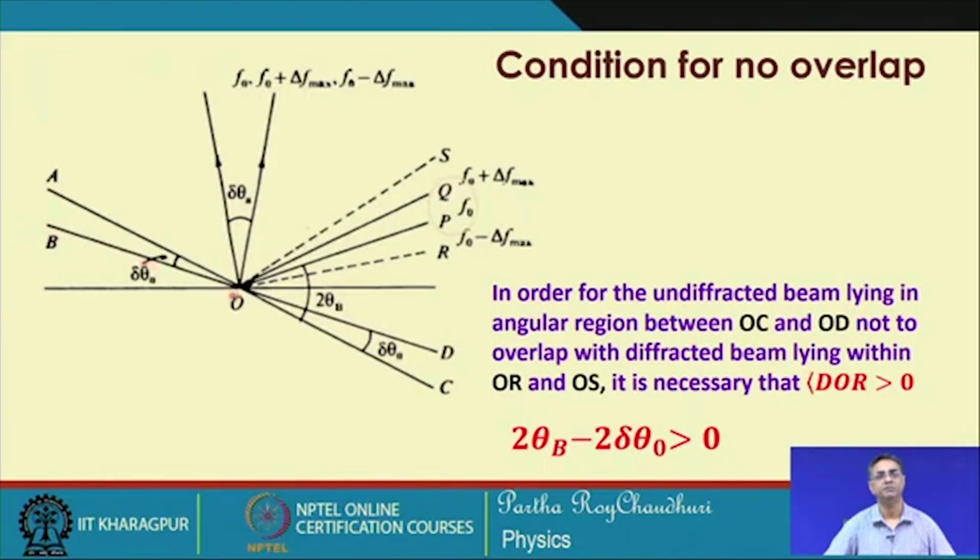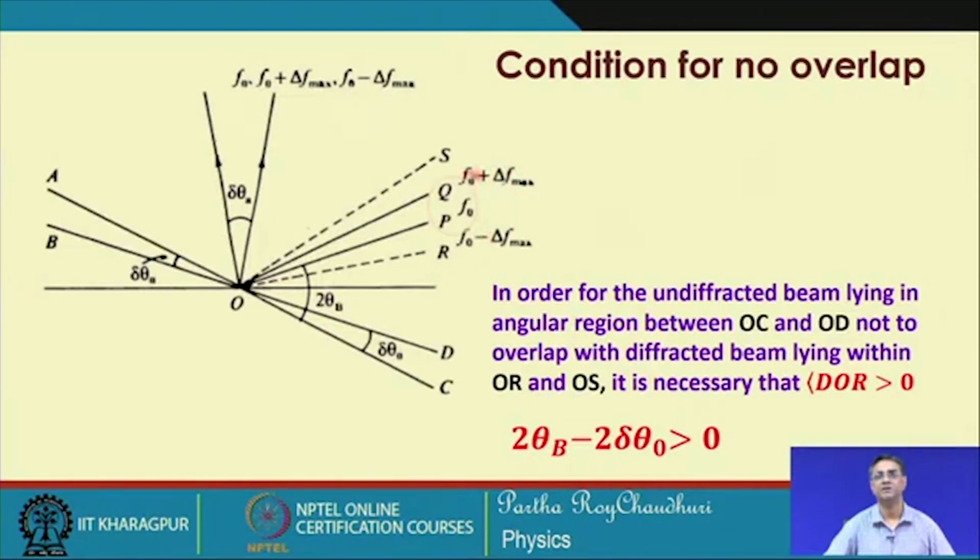You have a beam along this optical beam, you have another beam along this, and this is the angular width of all the beams, and therefore, corresponding to A, there will be a diffracted beam which will be given by this, and corresponding to this there will be a diffracted beam which will be upshifted. This is frequency downshifted, and these are the two acoustic frequencies.